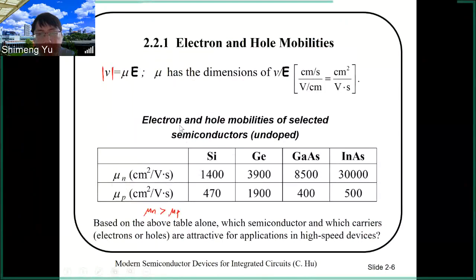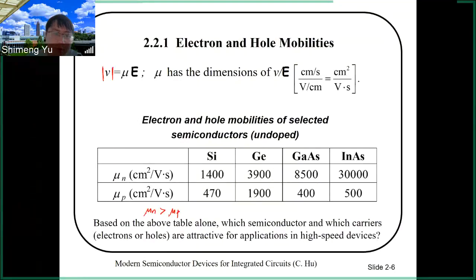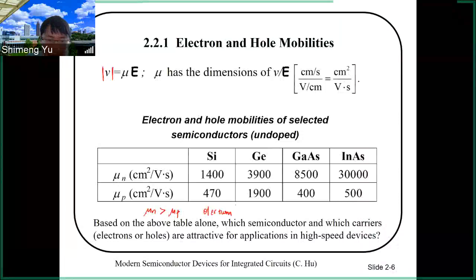In silicon and also in other semiconductors, the electrons are lighter in mass, so they move faster than the hole. So in other words, electrons move faster than the hole. That's simple. Electrons move faster than hole.